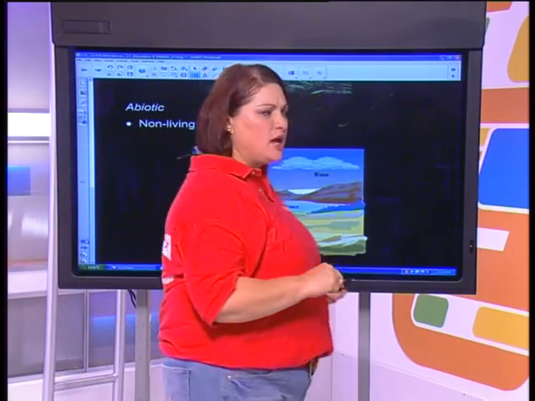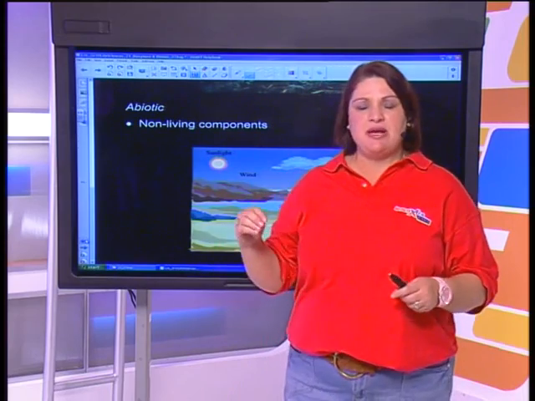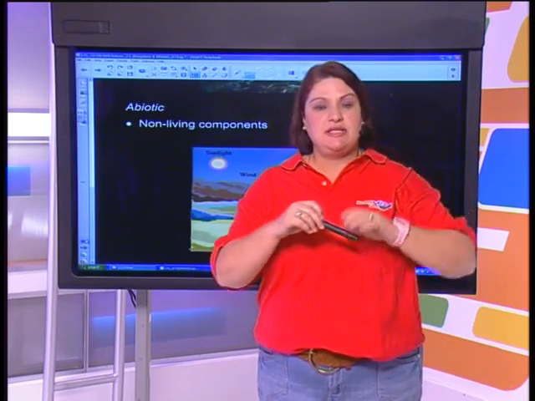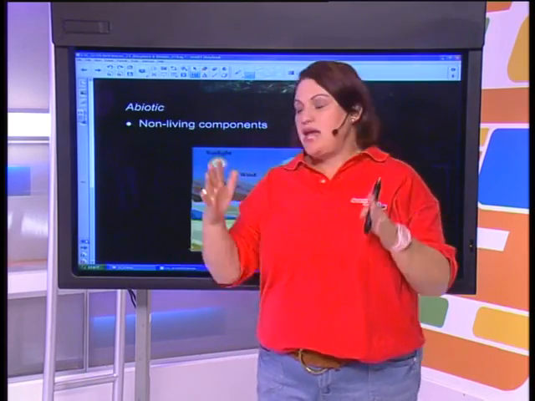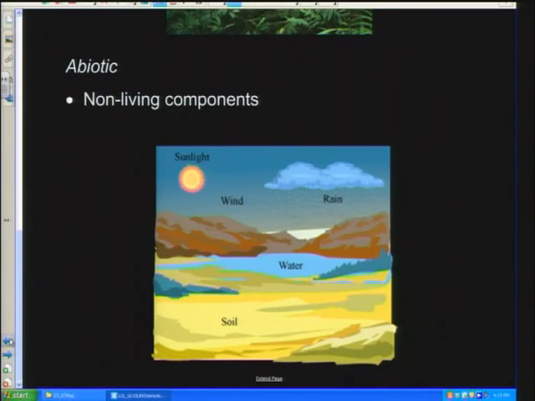When my grade 8s do this, what I make them do is collect tin cans. I place the tin cans, and they have to make a pyramid. At the bottom of the pyramid, they have to put these factors, the abiotic. They have to put sunlight, water, soil, and air.